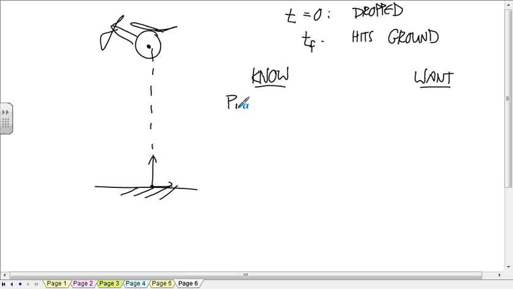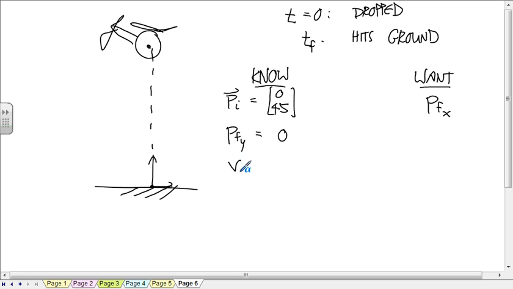Then the initial position is 0, 45. The final y position is 0. We're looking for the final x position because the displacement vector is the final position minus the initial position.